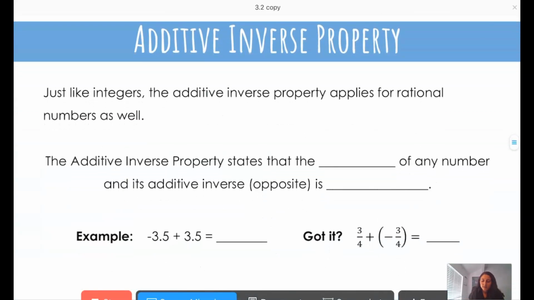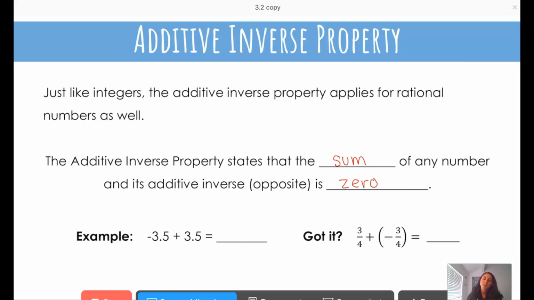All right, let's now look at the additive inverse property. You may remember the additive inverse property from adding integers. Well, it applies when we add rational numbers as well. So the additive inverse property states that the sum of any number and its additive inverse, or opposite, is 0.